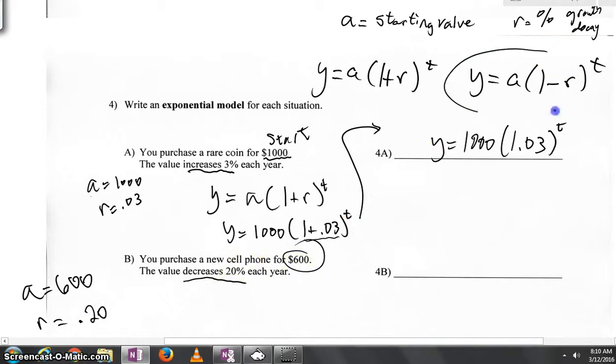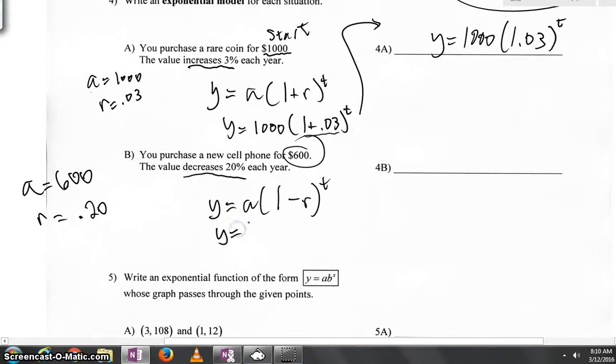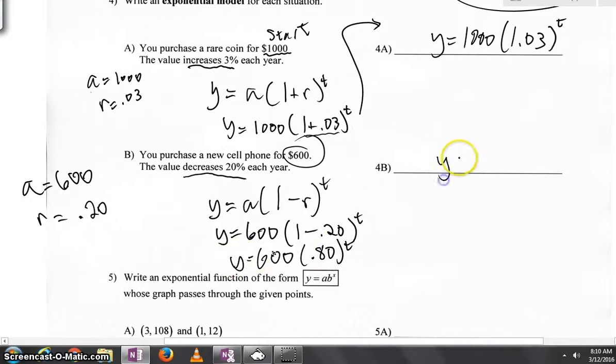Obviously, with depreciation, we're dealing with y equals a(1 minus r) to the t power. And pretty much all you got to do is plug this information in. We'll say 1 minus 0.20, bump it up to the t. And 1 minus 0.20 is actually 0.80. And that will be your final answer here.